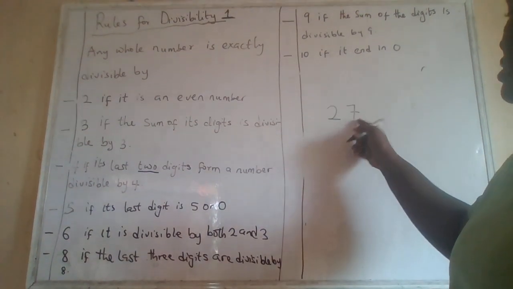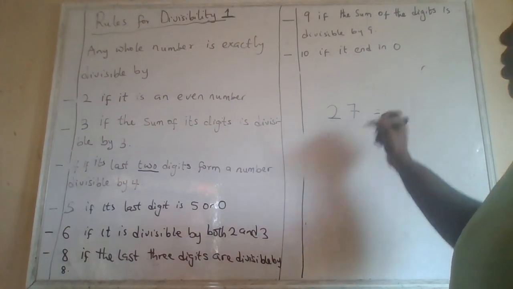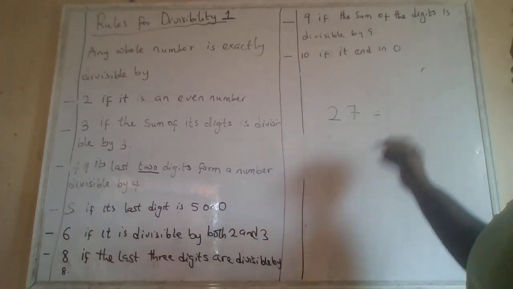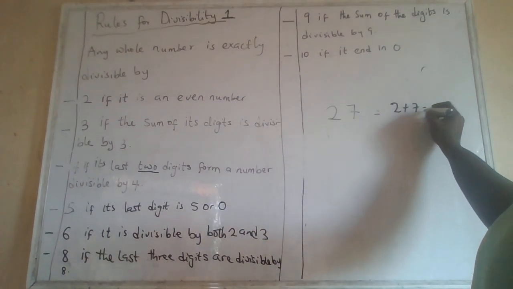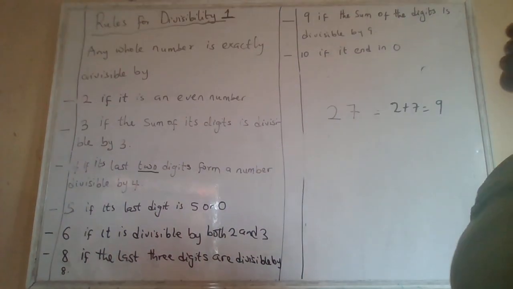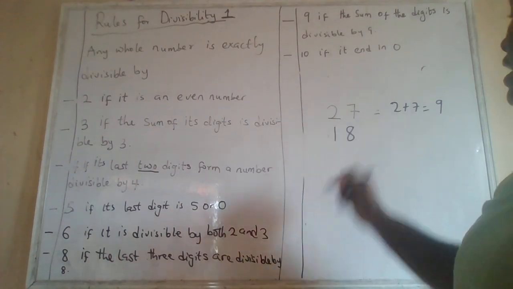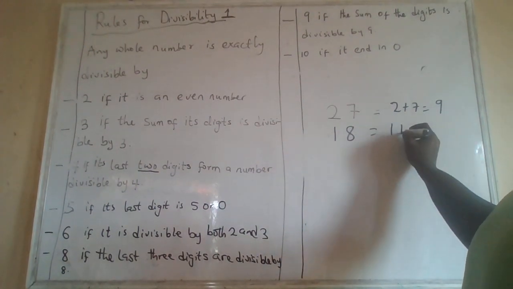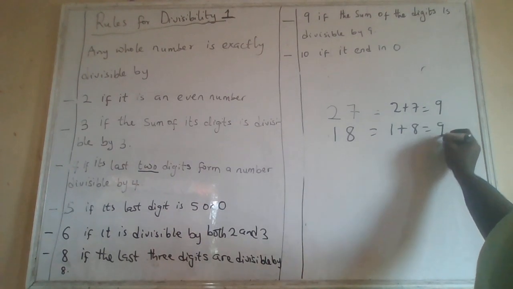Adding 2 and 7, I will have 9. Hence, 9 can divide itself. What of 18? The popular 18 that we know. This is possible because 1 plus 8 will give us 9.